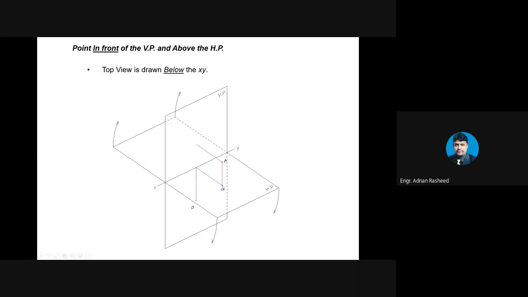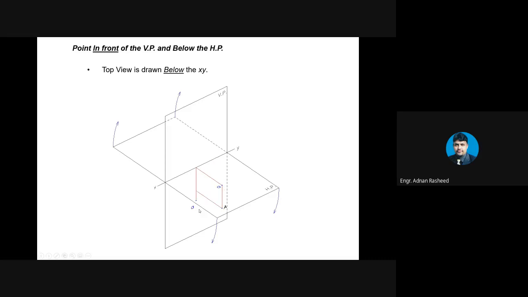Now in this case, if you rotate this horizontal plane such that it coincides with the vertical plane, you can see that this top view will lie below the XY line. So if you have a page and you want to draw its top view and front view, you have to rotate this plane.